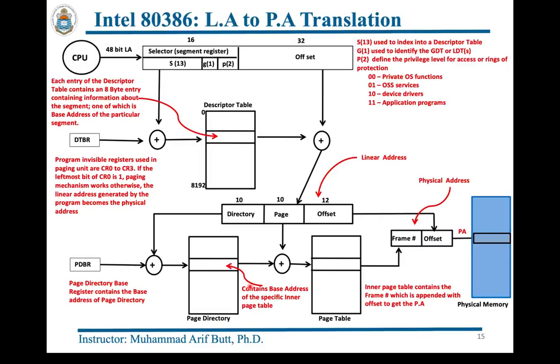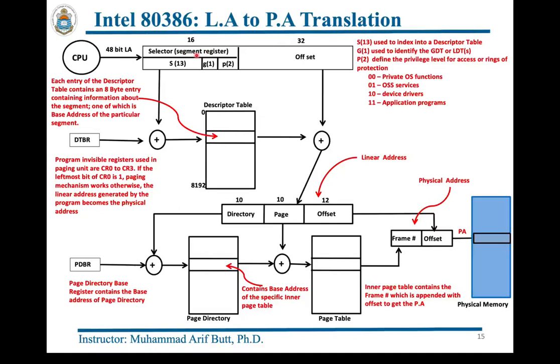Okay, so my dear students, this slide shows the overall address translation process of the 8386 processor. You will go into the details of all this when you will be studying memory management in your operating system concepts course, inshallah. Over here I just want to highlight that unlike the segment offset addressing of real mode, this is a bit different. Here you can see the 16 bits of the segment register.